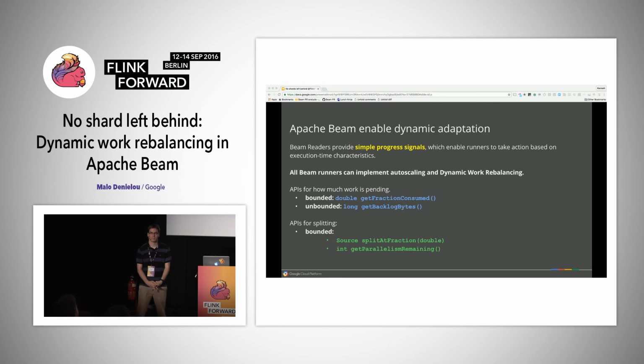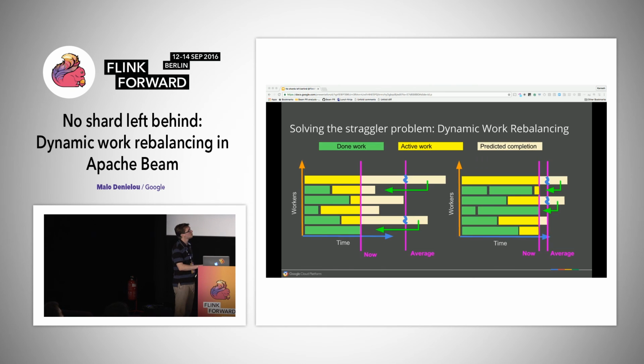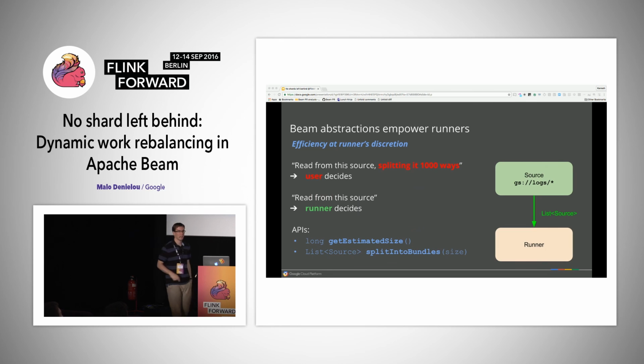I have an easy question. What's the relationship between the abstractions of the source and the bundle? Is it like a source can produce multiple bundles? Bundle is a bit overloaded in some cases. We saw earlier there is this split into bundles method, which is not really well named, because those bundles are not the bundles that I was talking about earlier.